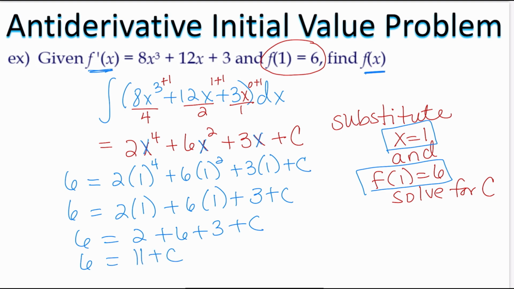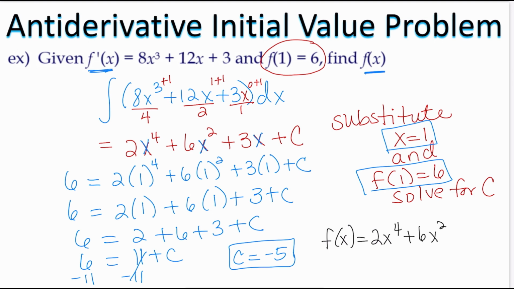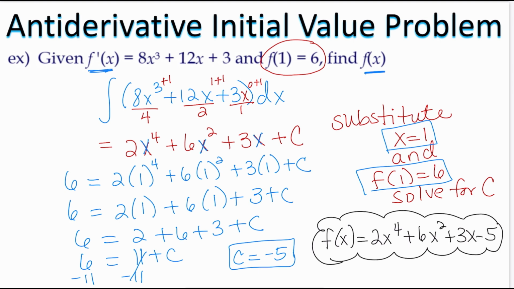If I subtract 11 from both sides, I get that c is equal to negative 5. The final answer is f of x is equal to 2x to the 4th plus 6x squared plus 3x minus 5. And this is my final answer.